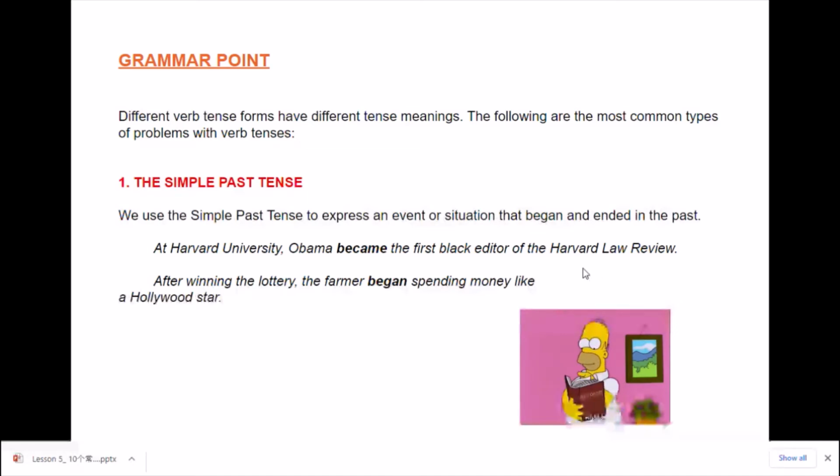So that means that here we only need to use became because the action is completed in the past. That's it. Let's look at example number 2. After winning the lottery, lottery, that means you win some money, the farmer began spending money like a Hollywood star.